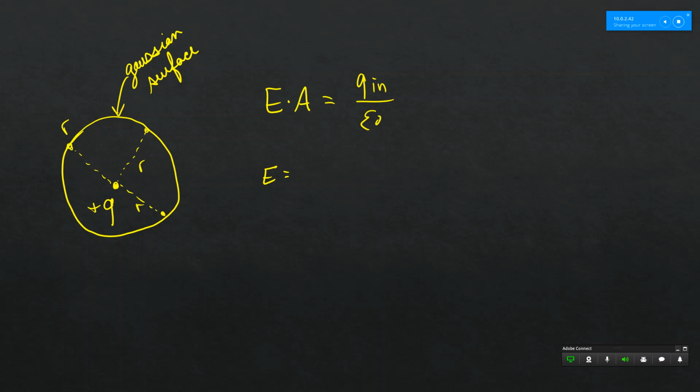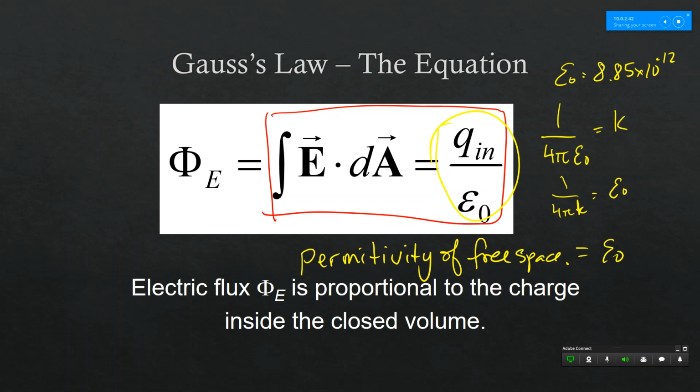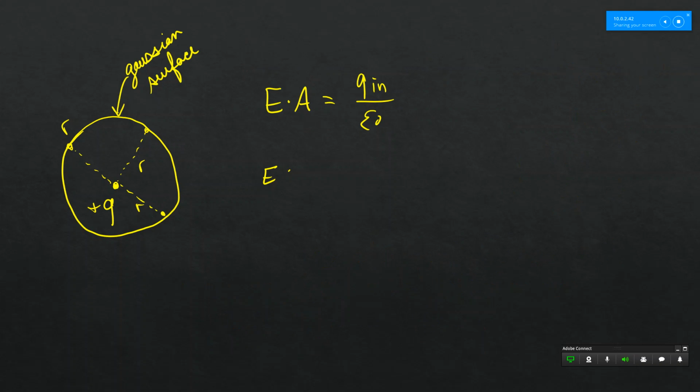What's the area of my sphere? I'm asking you to tell me right now, what is the area of the sphere? Area of a sphere, not volume of a sphere. Yeah, 4 pi r squared. So E multiplied by 4 pi r squared is equal to Q inside over epsilon naught.